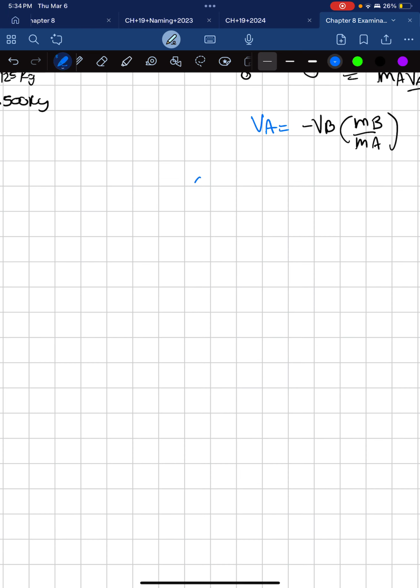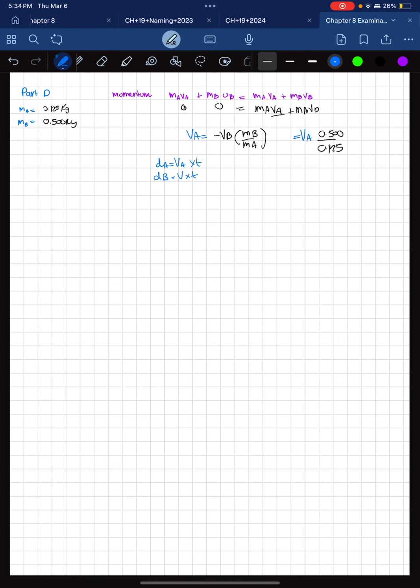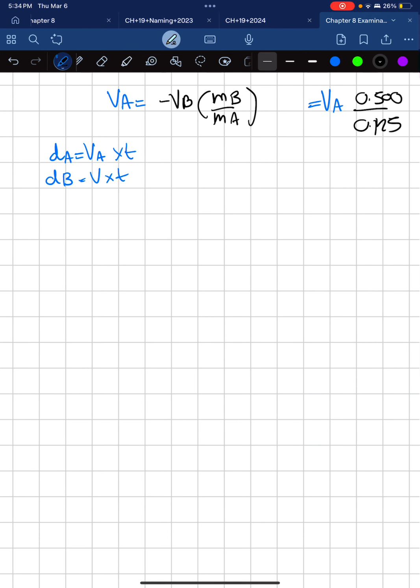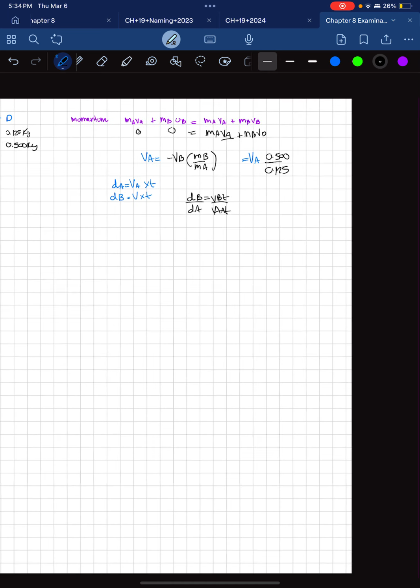Now they're asking us to get the distance, so we can use these formulas over here, which is gonna be velocity times time of the glitters. And now let's just solve for the distance of the big glitter, which is gonna be this over that, and then this over this.